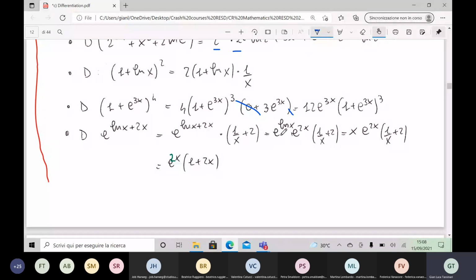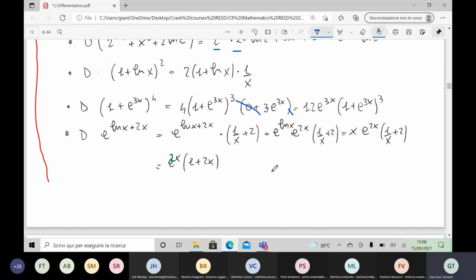Now, why did I write this in this way? E to the power ln of x, guys, by the property of the logarithm, is e to the power logarithm with basis e of x. We did it so many times also this morning. It is x. E to the power ln of x is equal to x. To be precise, guys, why do I ask you a question?